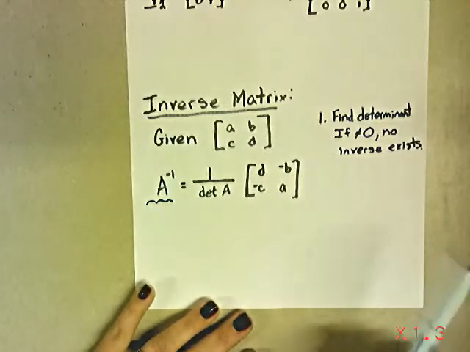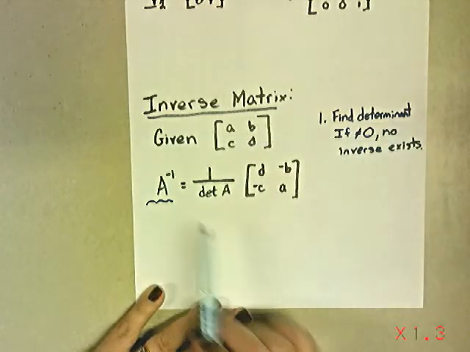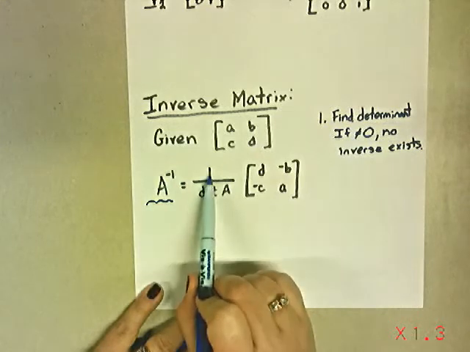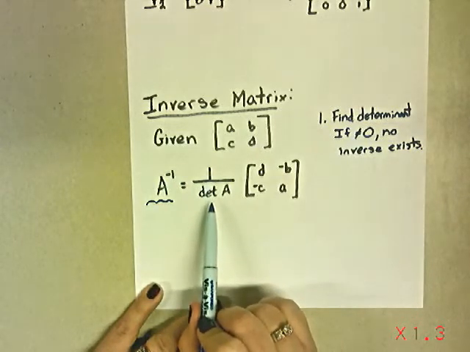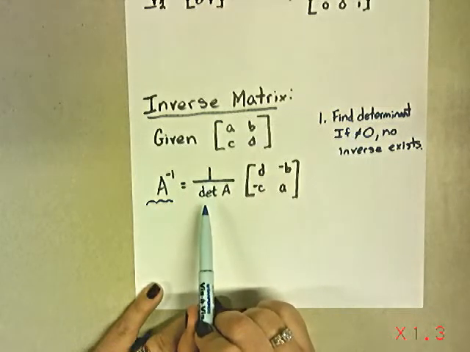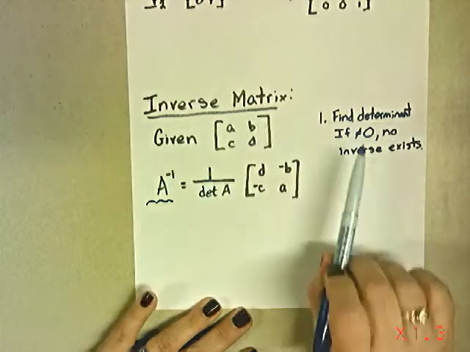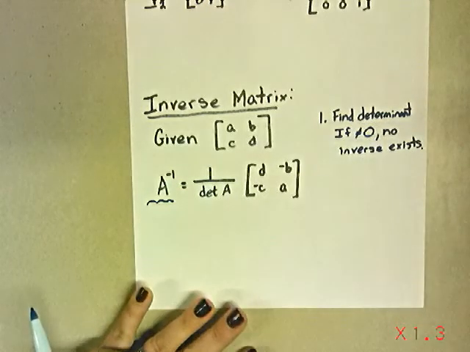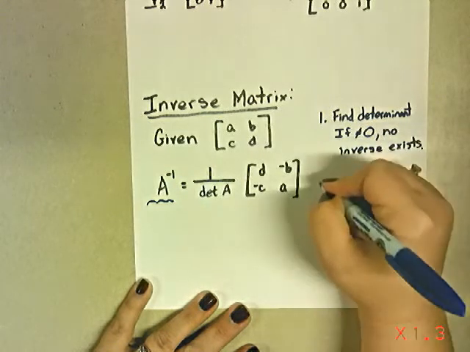Let's talk about why that is. Because what you're going to do with that determinant once you find it is put 1 over the determinant. Well, if this is 0, then you have 0 in the denominator of a fraction, and we can't have that. We've been taught that since elementary school. So that's step number 1, find the determinant.